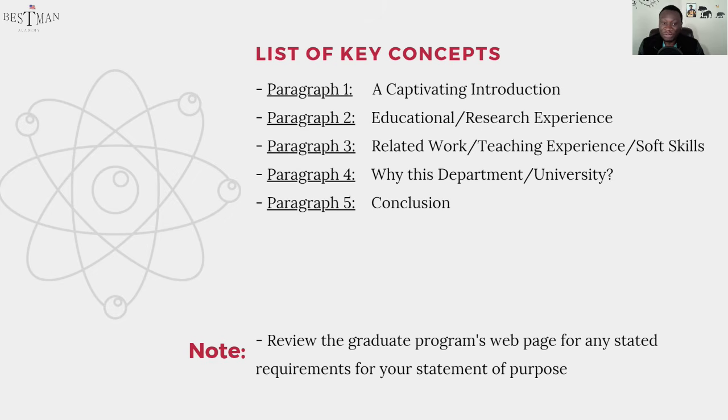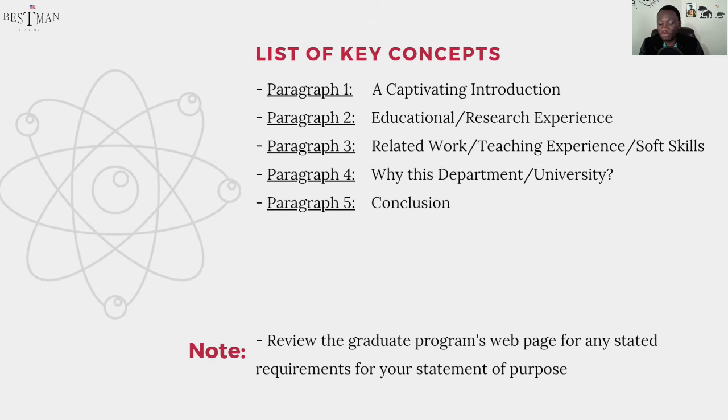Graduate studies is usually big on research, so you want to describe the experience you have as regards research. In paragraph 3 you talk about your related work experience or teaching experience or other soft skills related to having a graduate degree. I will talk about these skills in a bit.